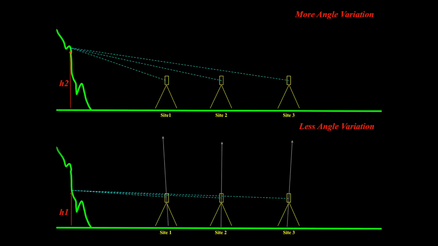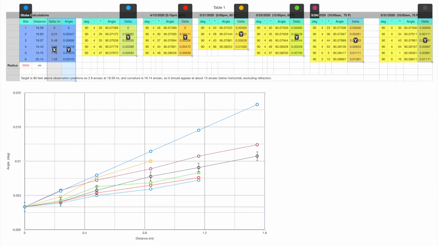Well, does it show up? Now here's all the data plotted out, and wow, look at all that variation. What's going on? These are different data sets taken on different days, times, and different temperatures.